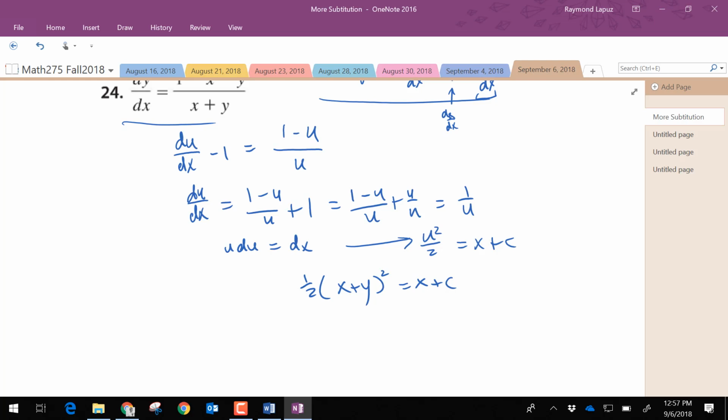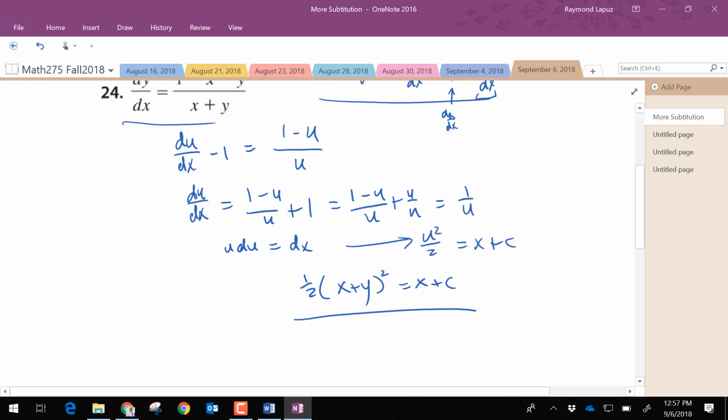Remember, when you try solving for y, when there's a second power, you have to take the square root. When you take the square root, you're considering the plus and minus, and so you're going to lose some parts of your solution. If you don't have an initial condition to determine what part of the solution you need, then it'll be kind of difficult to solve for y.